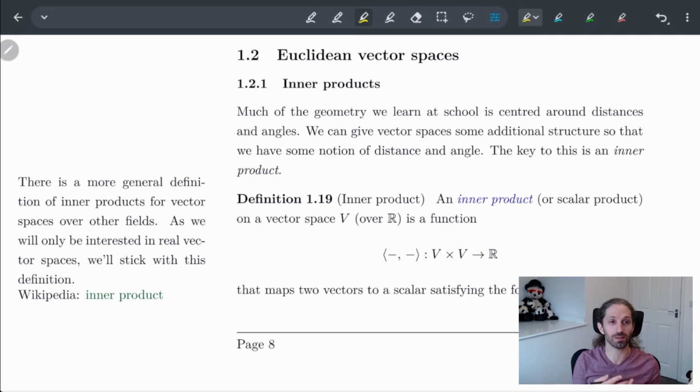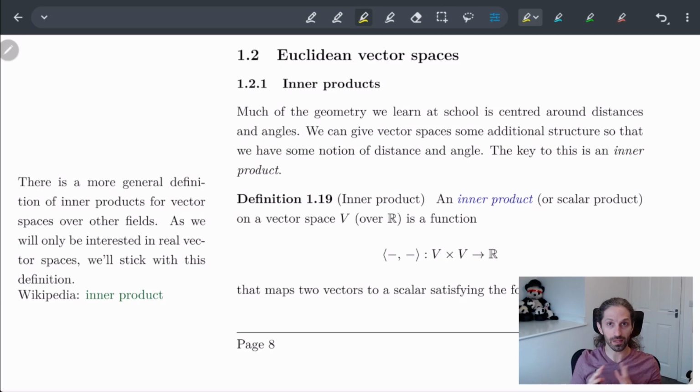Now, there's a more general definition of inner product for vector spaces over other fields. But because we're really going to be sticking with real vector spaces like R, remember how in the very first lecture we said you can have rational numbers, you can have finite fields, etc. Since we're going to stick with R, we're just going to talk about inner products.